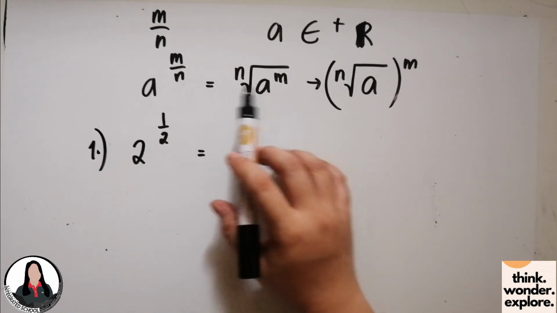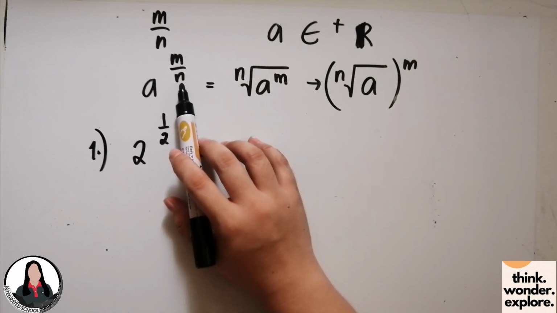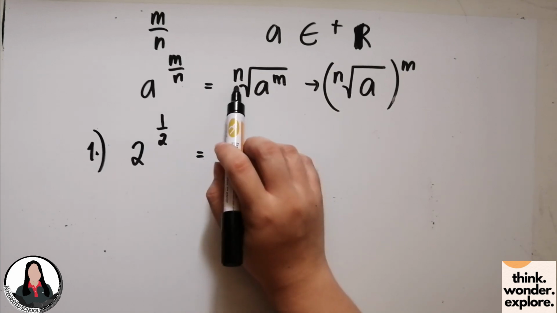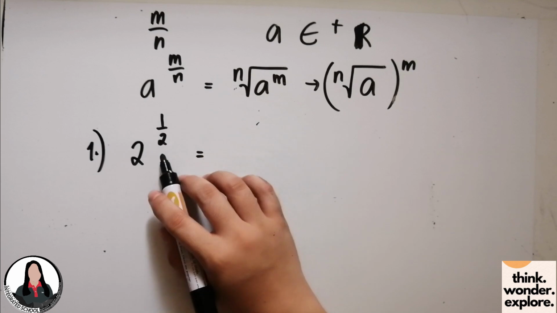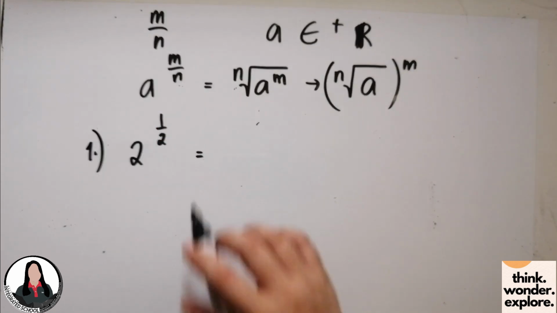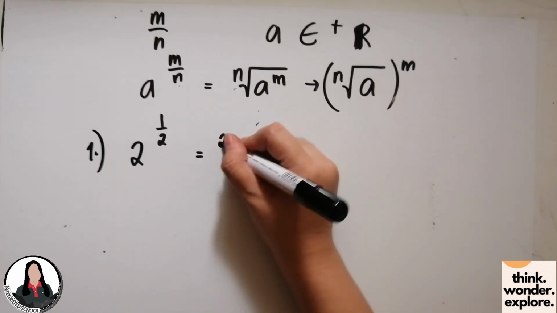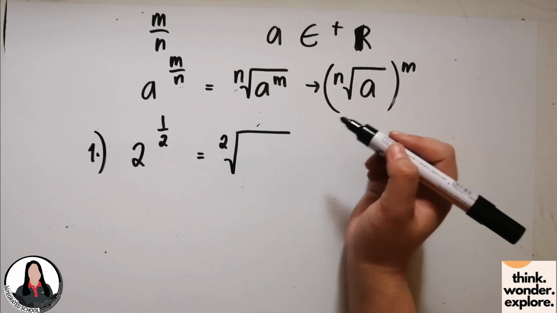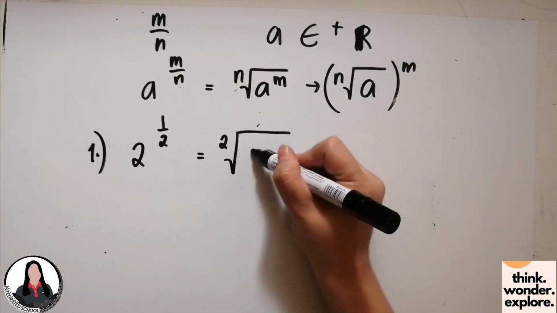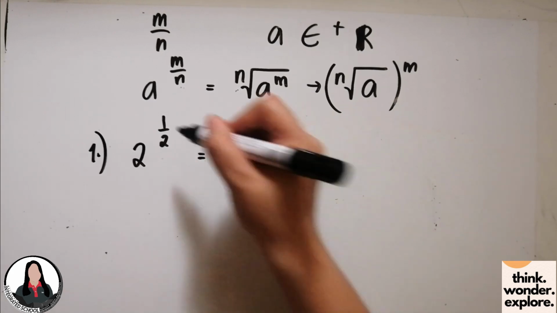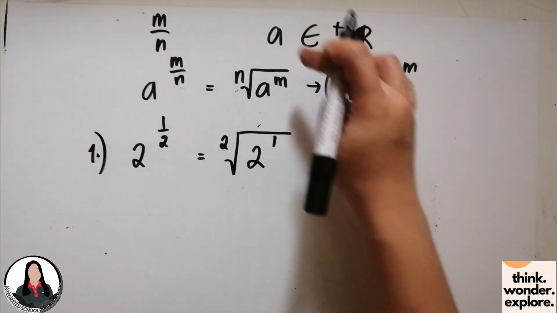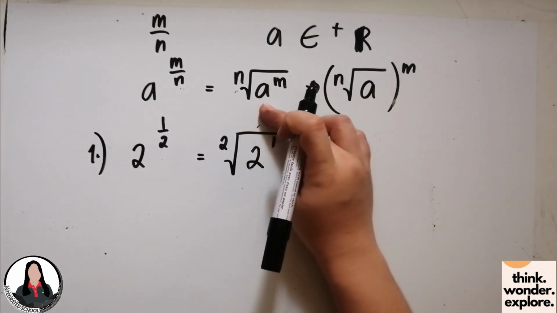At kung papansin nyo dito, yung n natin or the denominator sa ating exponential with the rational exponent ay nagsisilbing index ng ating radical. So, para mas mabilis natin siyang maisulat, hanapin nyo muna yung n. So, in this case, that is 2. So, 2 ang magiging index or order ng ating radical expression, and then you write the radical sign, you write the radicand inside the radical sign, and then you copy the exponent, which is 1. Yung m natin will serve as the exponent or the power of our radicand.